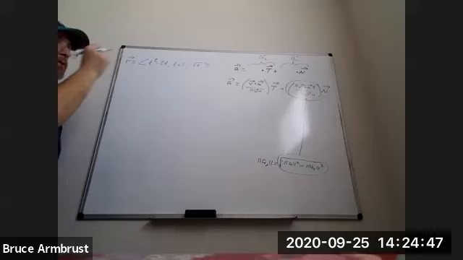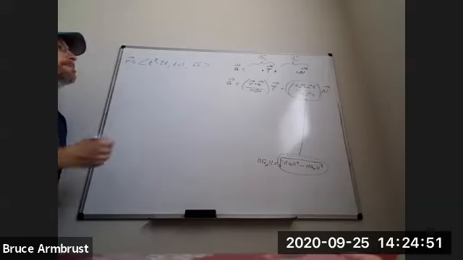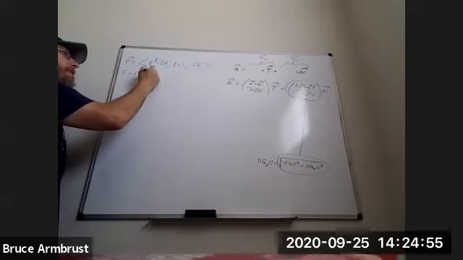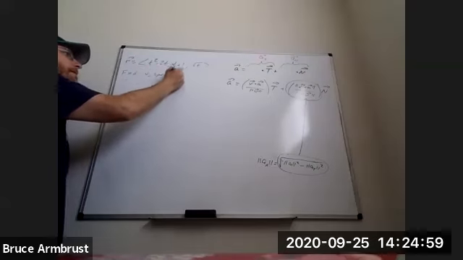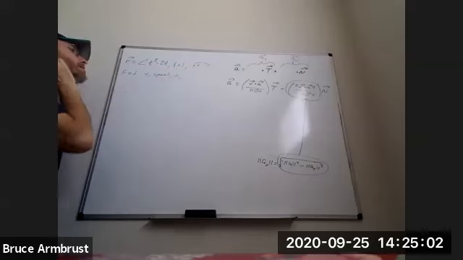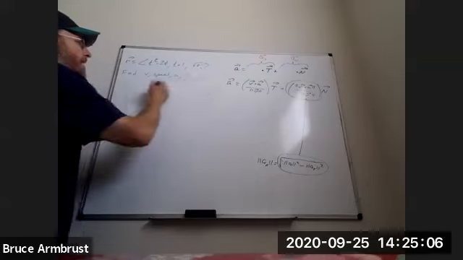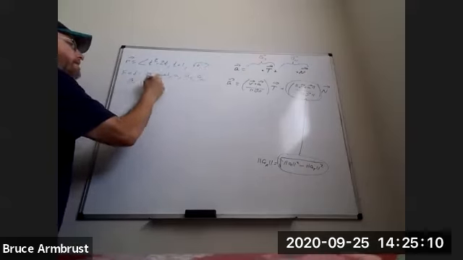All right, so it does whatever it does. And I want to find v, speed, a, T, N, like I want to find all this stuff at t equals 1.